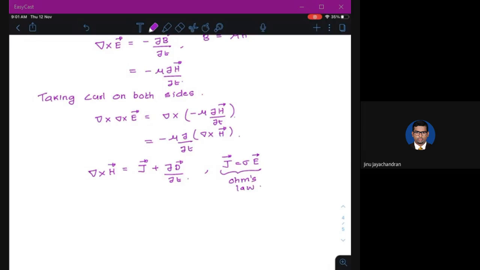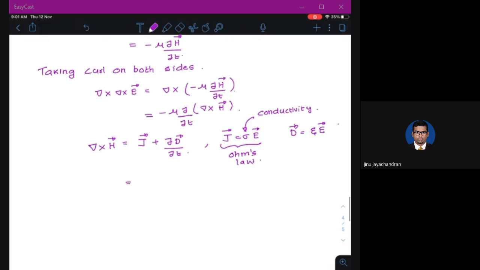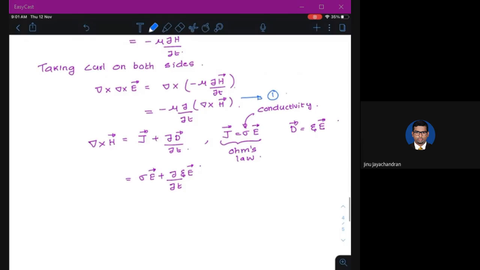J is the conduction current density, which you can write as sigma into E, where sigma is called the conductivity and E is the electric field. And D is equal to epsilon into E. So I can substitute this. So del cross H is equal to sigma E plus dou by dou t of epsilon E. Okay. So let me number this equation. Let's say this is equation number 1. Okay. So this is equation number 2.